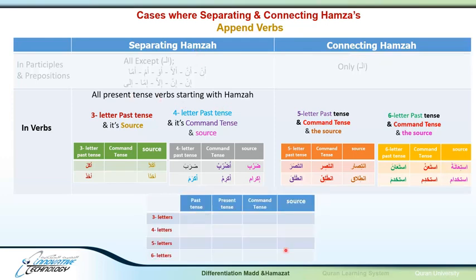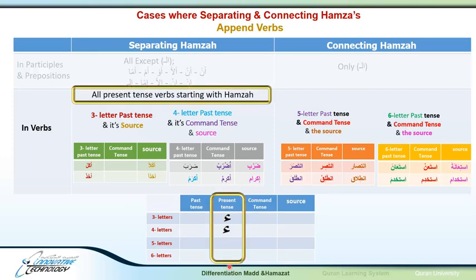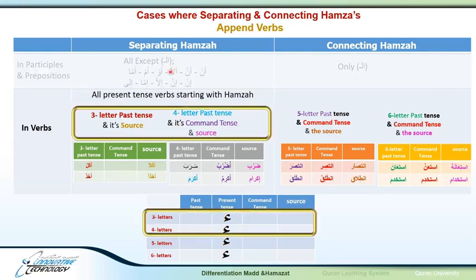And if we want to summarize in one table, we will say that the present tense is always associated with separating hamza, looking like this little ayn here, whether it's 3 letter, 4 letter, 5 letter, or 6 letter. Now, the past tense, if it is 3 or 4 letters, is associated with separating hamza.